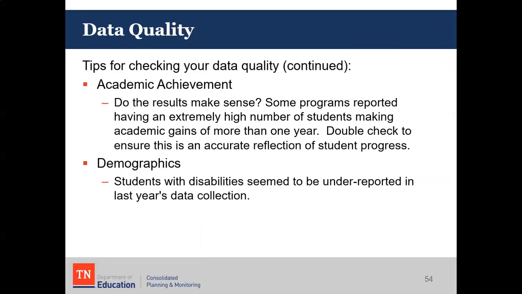We have seen this several times in looking at the data, where you have children that come in in a distressed state when they are pre-tested, and then they achieve several levels of achievement when they are post-tested at the 90 days and further on out. So this is just something that you want to verify and make sure that you're watching for.